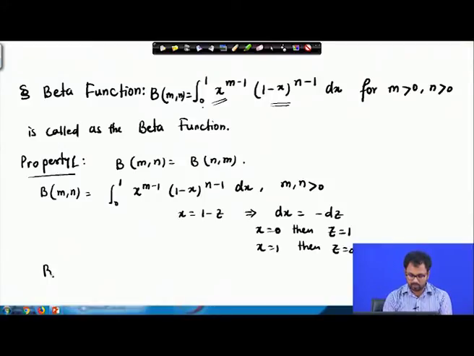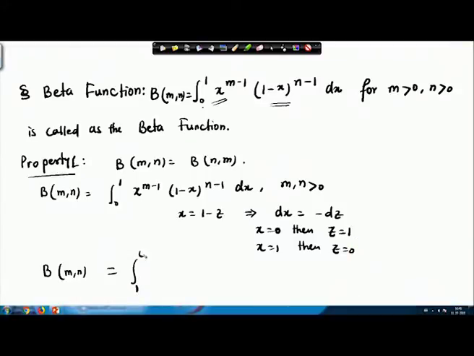Therefore, our beta m n would reduce to the integral from 1 to 0 of 1 minus z to the power m minus 1, and 1 minus x would become z to the power n minus 1, and for dx I have dz.